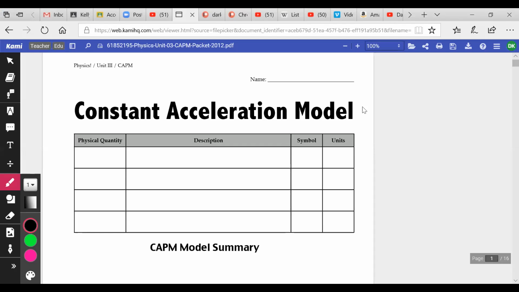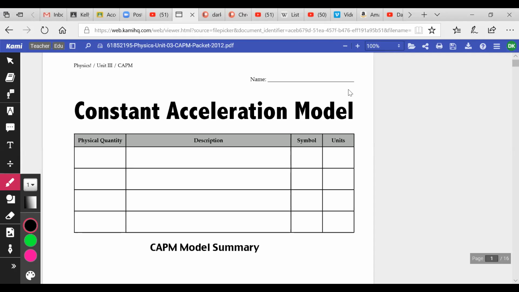Position? Meter. Yeah. Okay. So like with the constant velocity model, we were able to measure velocity, speed, and time. So with the acceleration model, what new quantity can we measure? It's actually in the name. Acceleration. Yes, the new physical quantity that we are going to be looking at is acceleration.